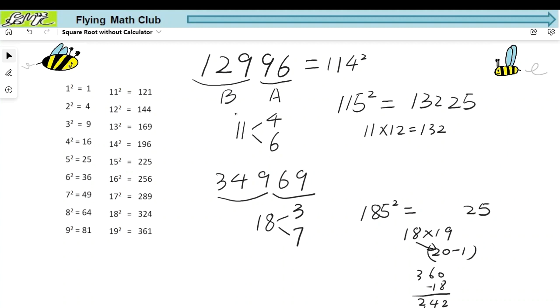So 185 squared equals 34,225. This one is a little bit less than the target number, so its square root could be bigger than 185. So we pick 187 as its square root.